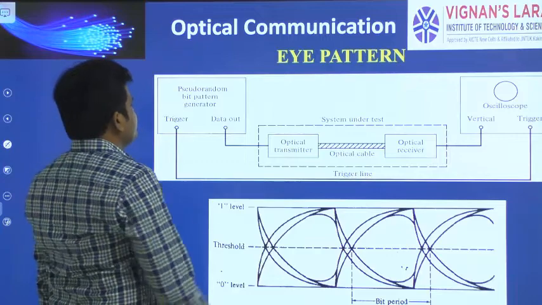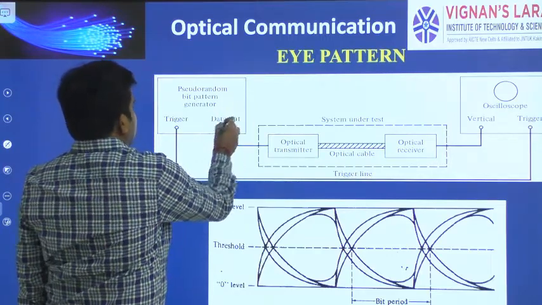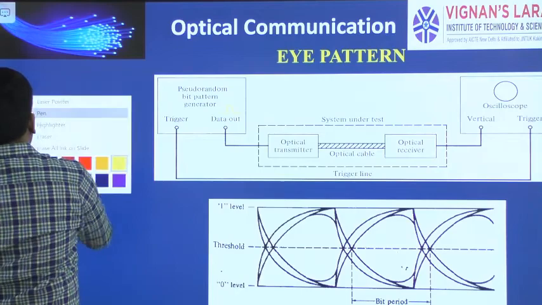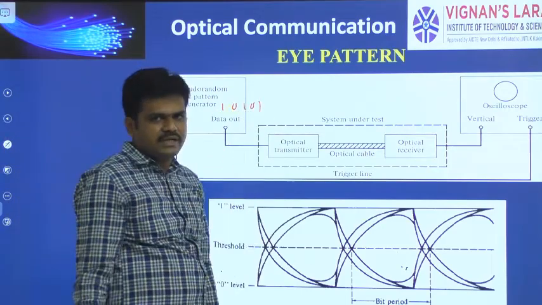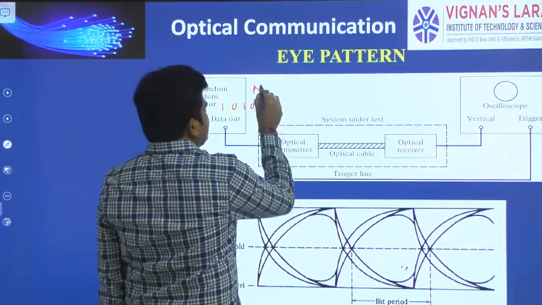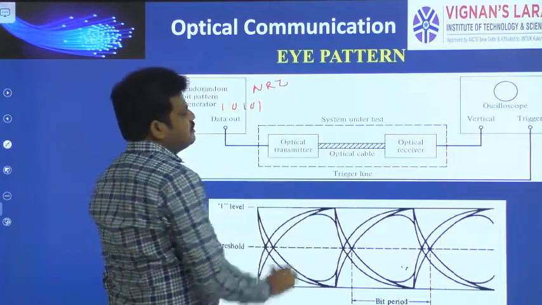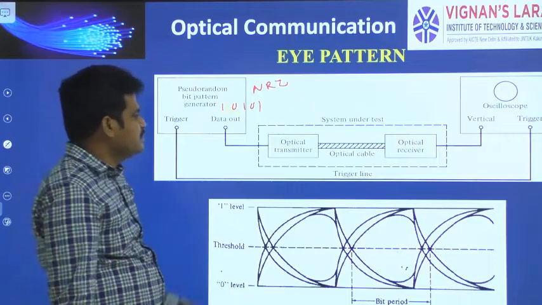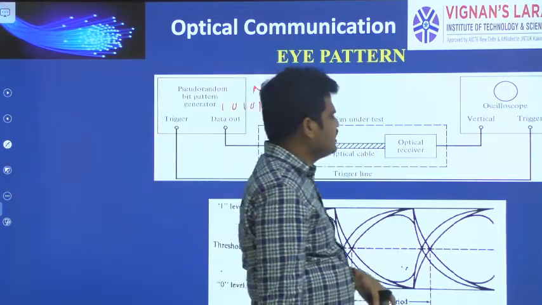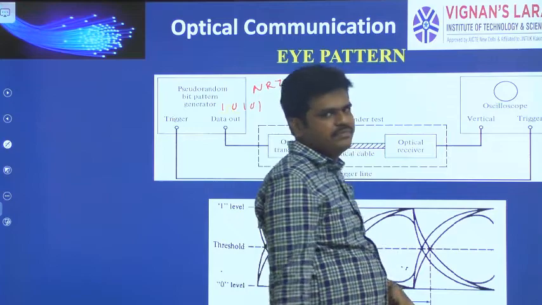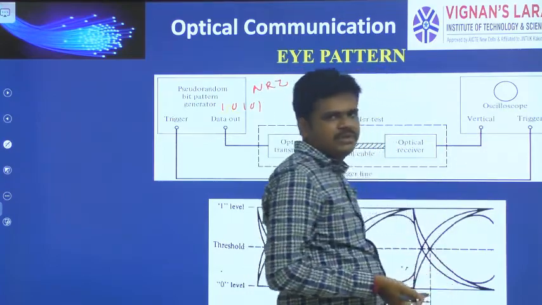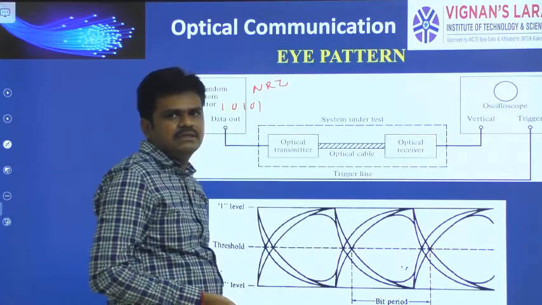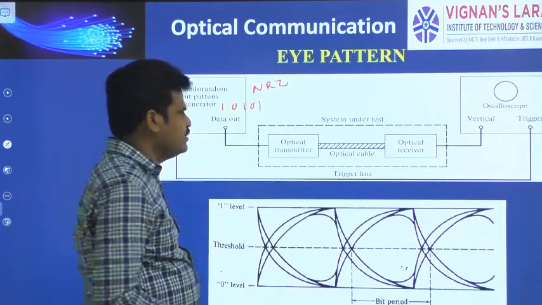We are transmitting the bits, the ones and zeros, in some line coding format, for example NRZ, non-return to zero coding format, to the optical receiver. At the optical receiver, we have connected an oscilloscope, and on the oscilloscope we try to watch the eye diagram.